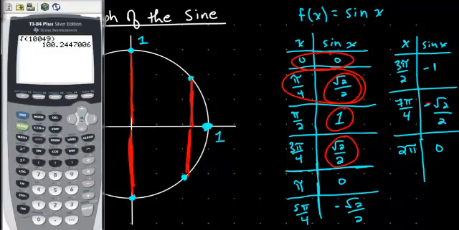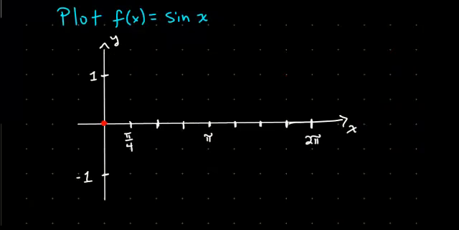Let's get an estimation of that. Root 2 divided by 2 is about 0.7. So that's going to put me somewhere up in there.